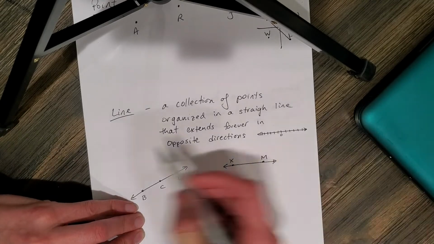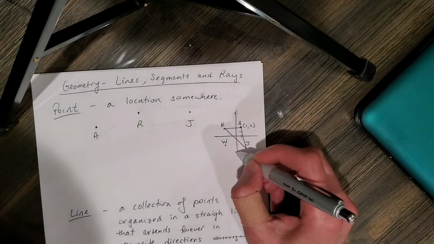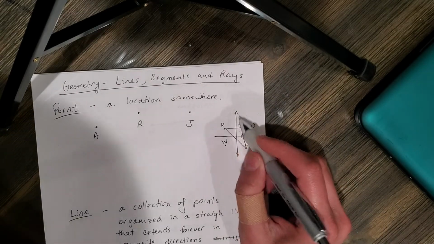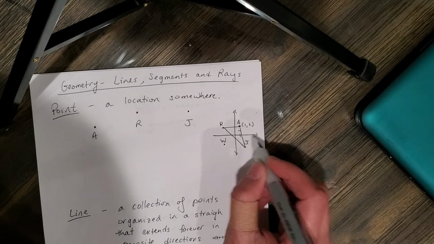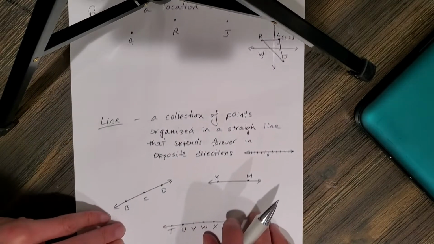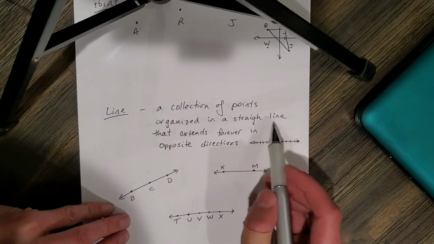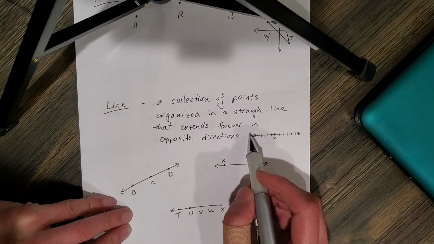So to the right and then to the left, or it could be going up or down like it does in a graph here, like we have a positive and negative going down, or positive going to the right and negative going to the left, right? So that's all a line is. It's a collection of points organized in a straight line or straight path that extends forever in opposite directions.